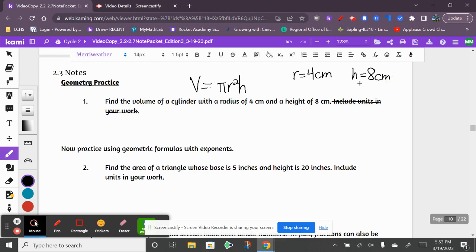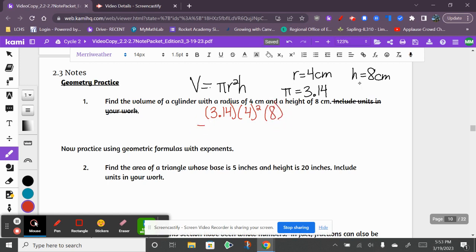When we use pi in the formula, we're going to be using the approximated 3.14. Okay, so if we apply everything to this, we're going to have 3.14 times the radius squared, so that would be 4 squared, times the height, which is 8.